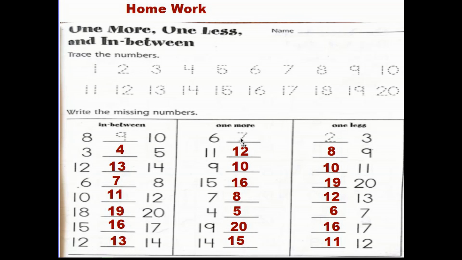And one more, 7, 12, 10, 16, 8, 5, 20, 15, and one less, 2, 8, 10, 19, 12, 6, 16, 11. These are the answers for your homework. So based on this, take corrections and check your answers. Okay, now let's proceed.